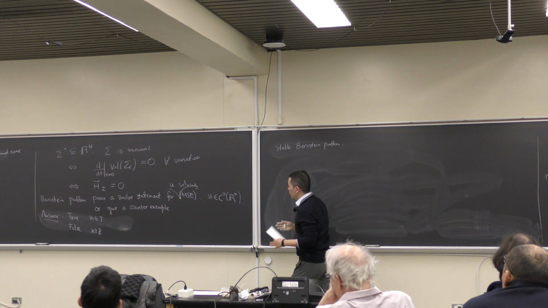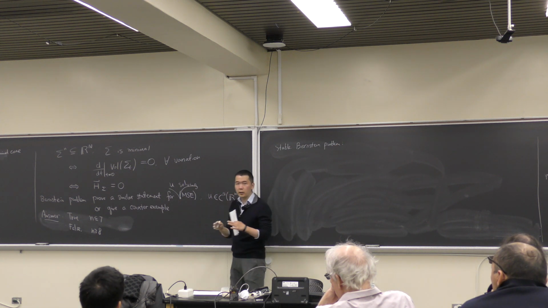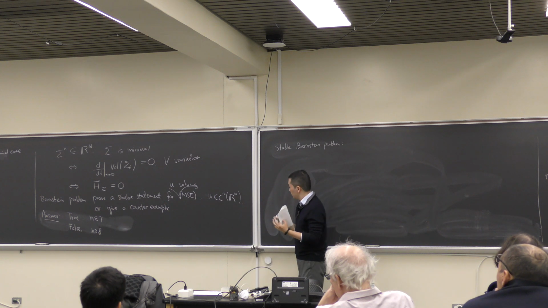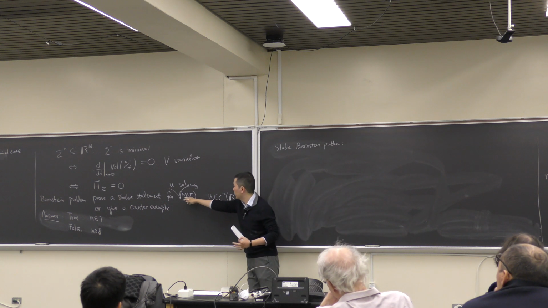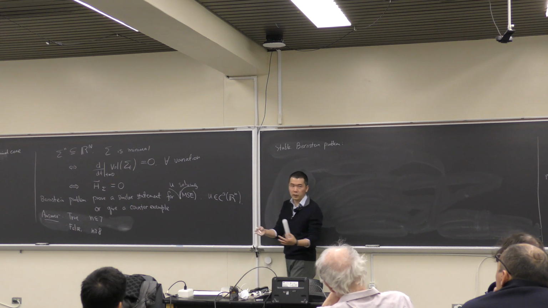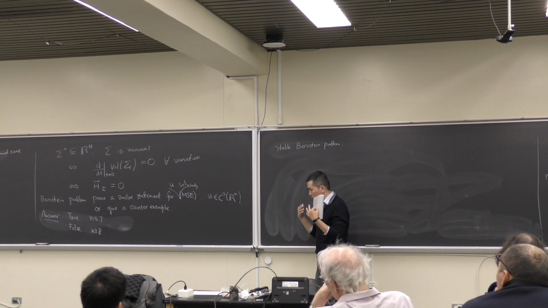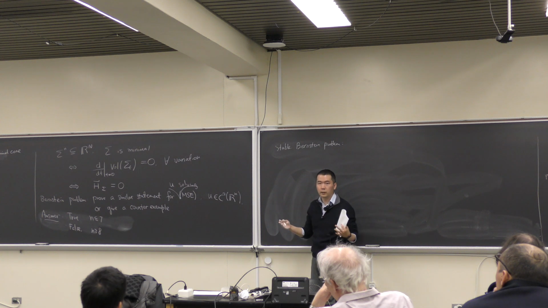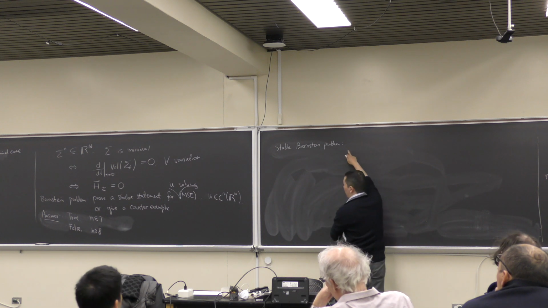Namely, we want to prove a similar rigidity statement for minimal surfaces that are not necessarily solutions to the minimal surface equation, but rather let's give a few intrinsic assumptions on the minimal surfaces. So the problem states the following.